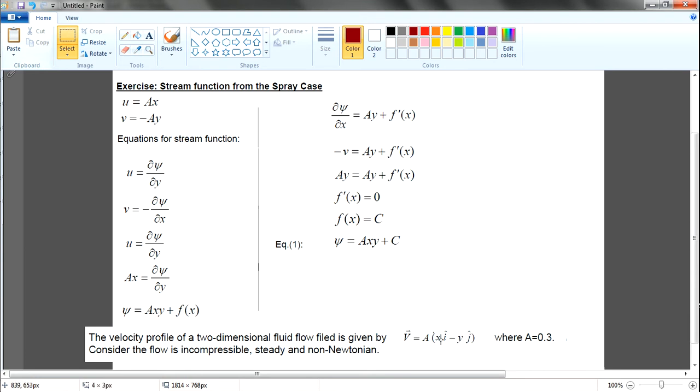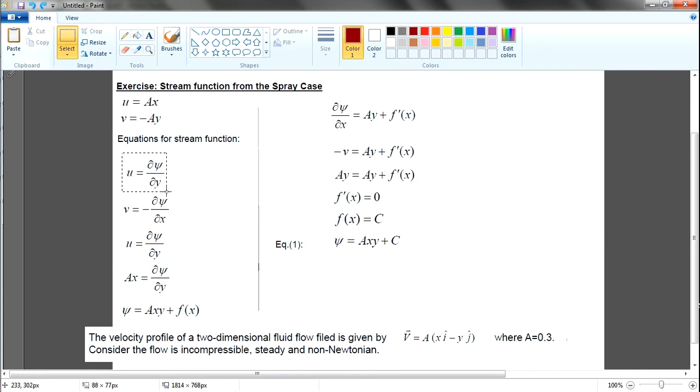You can see that the ax, as we said earlier, is the u, the velocity in the x direction, because of the i hat, stating that it is in the x direction, and the y hat is stating that it is going in the y direction. So minus ay is actually v. So this is the velocity of the particle in the x direction, and this is the velocity of the particle in the y direction.